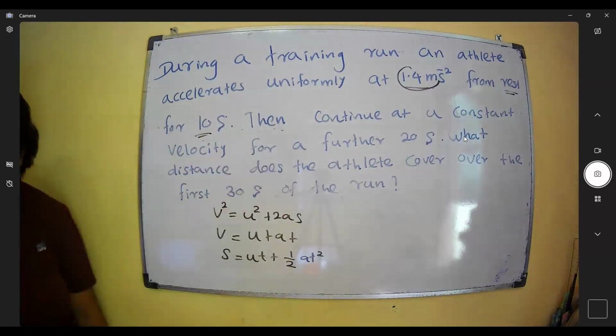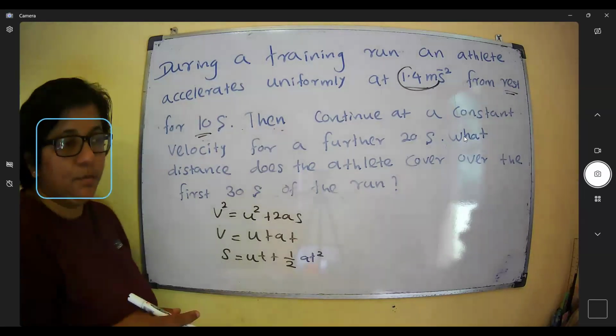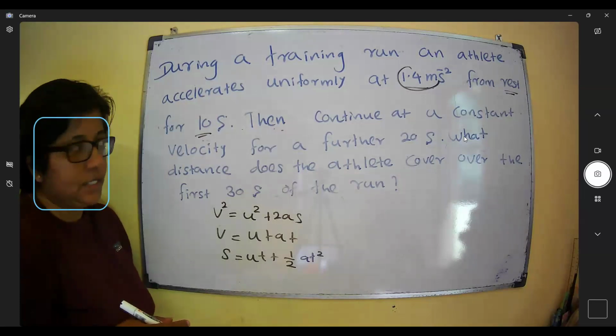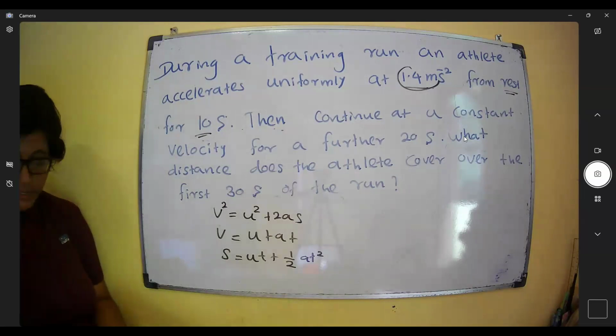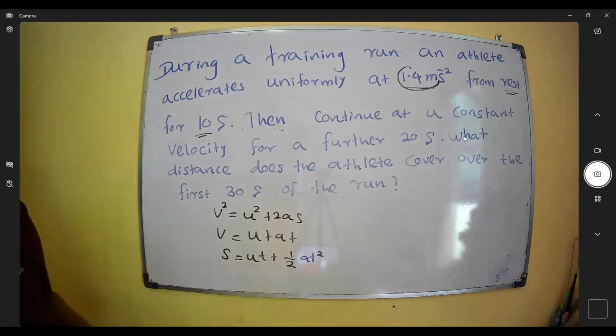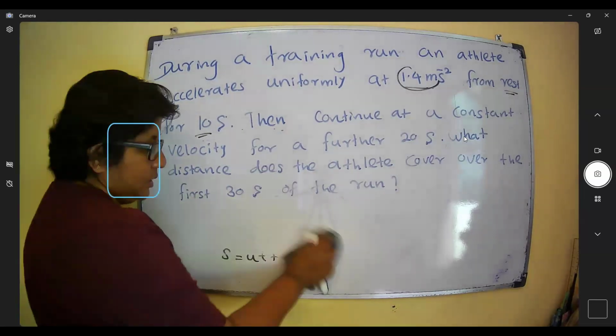The question asks for the total distance, right? The first part is constant acceleration and the second is constant velocity for the next 20 seconds. So we find S1 and S2, the total run.